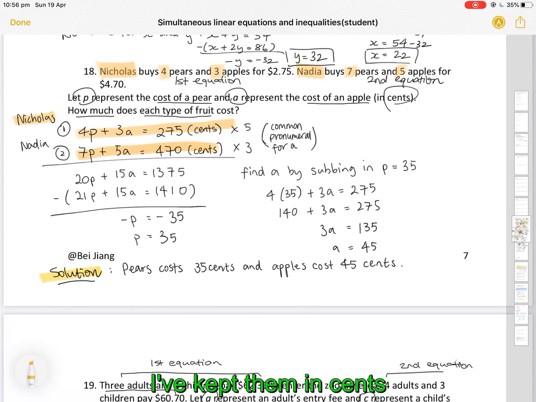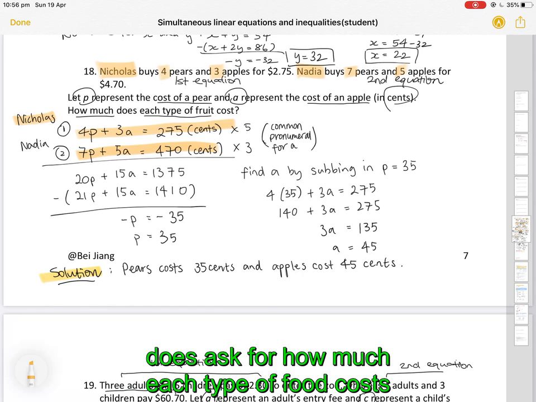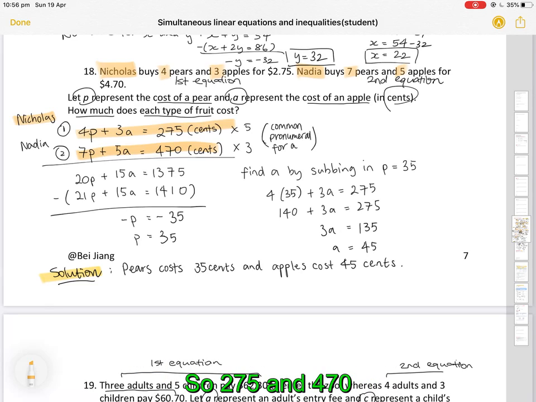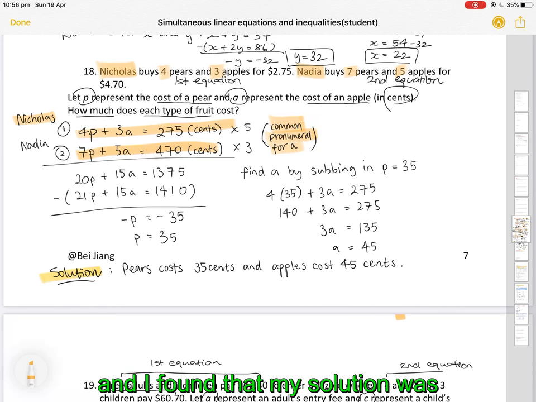I've kept them in cents, just because the question asks for how much each type of fruit costs in terms of cents, so I find it easier if we just leave it in cents, so 275 and 470. And from there, I used the common pronumeral A to eliminate it and find P, and then I substituted P to find A, and I found that my solution was pears cost 35 cents and apples cost 45 cents.